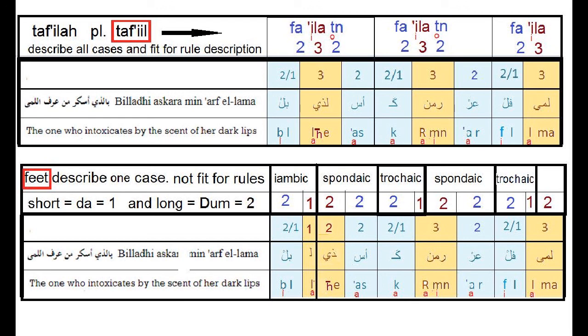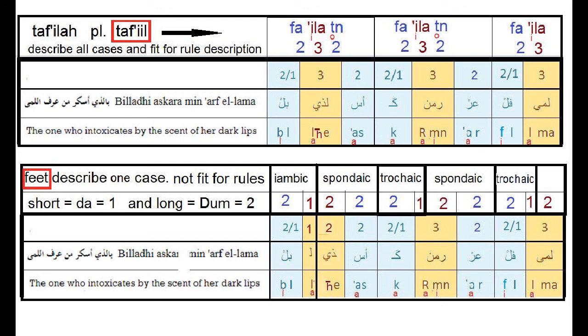This is a delicate point. In the upper part is scansion according to taf'ila. In the lower is the scansion of the same hemistich, but according to foot. Both are for بالذي أسكر من عرف اللمى.